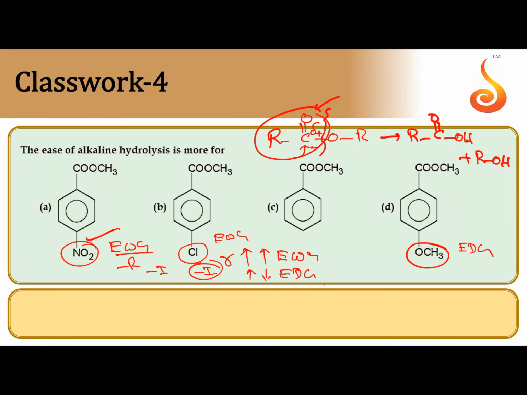Which of these do not contain COOH? Aspirin is not having COOH. This is acetyl salicylic acid. Benzoic acid has COOH. Picric acid: observe picric acid. 2,4,6 trinitrophenol is the picric acid.